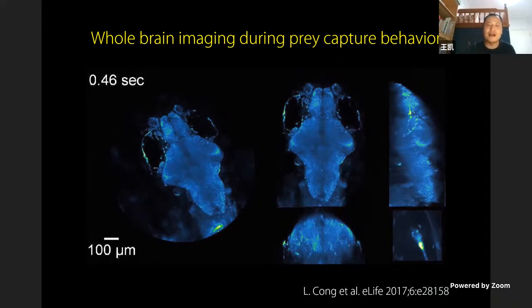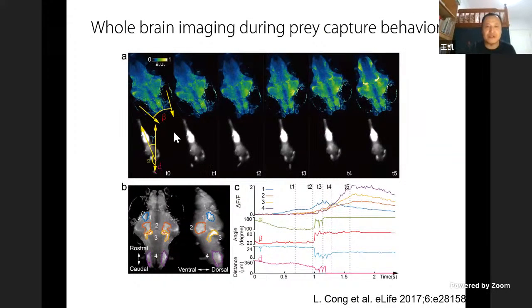So we can quantify these parameters and align them with calcium activities, to investigate how these neural activities correlate with behaviors.